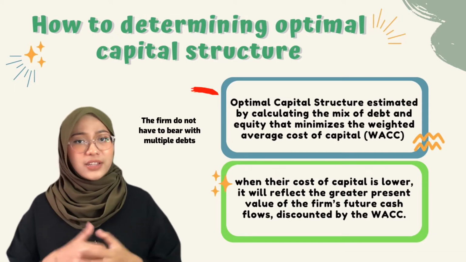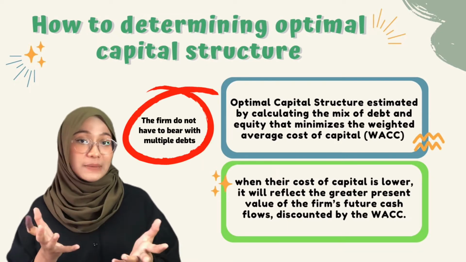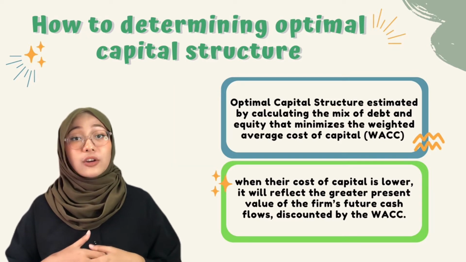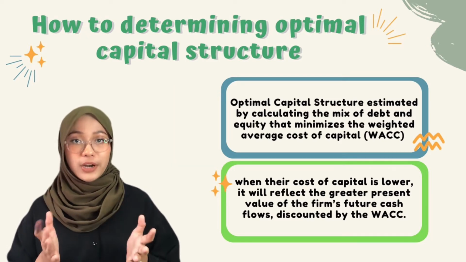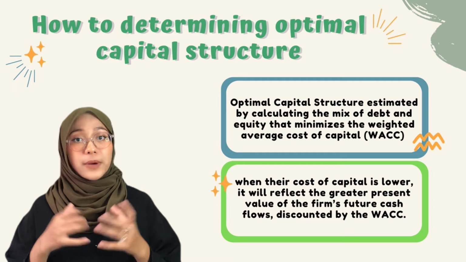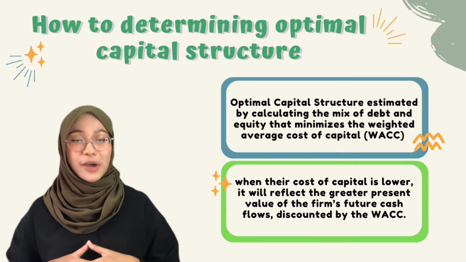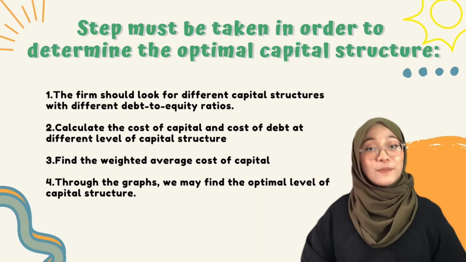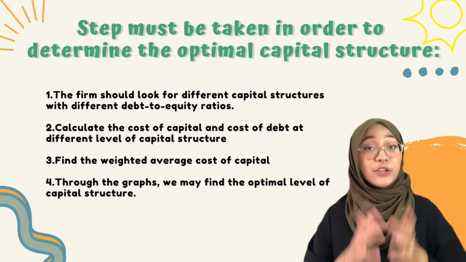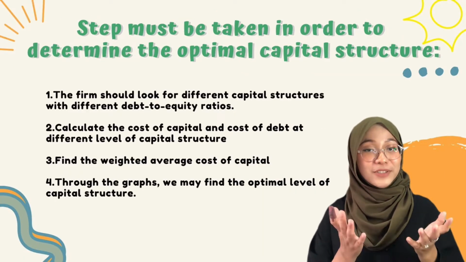As a result, they don't have to bear multiple debts. Next, when their cost of capital is lower, it will reflect the greater present value of the firm's future cash flow, discounted by WACC. Moreover, steps must be taken in order to determine the optimal capital structure.